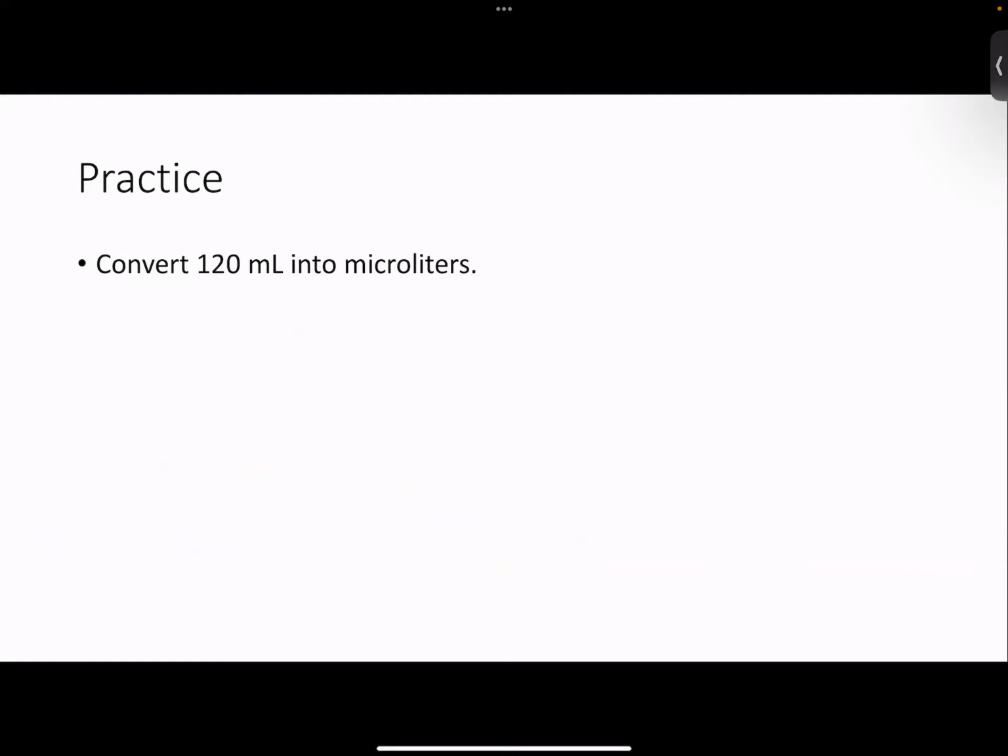Convert 120 milliliters into microliters. You start out with what you were given. We were given 120 milliliters, and we have been asked to put that into microliters. You have terminology in common. Both of these have liters. That means you're going to be using your metric prefix conversion factors to do this conversion.